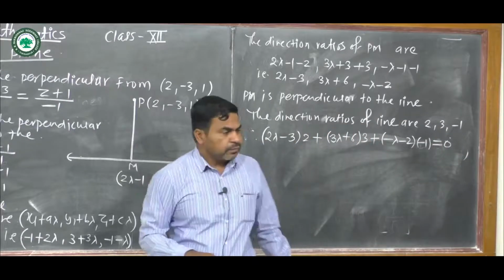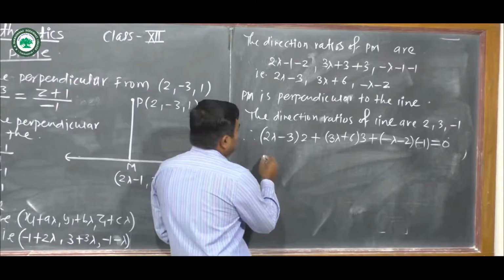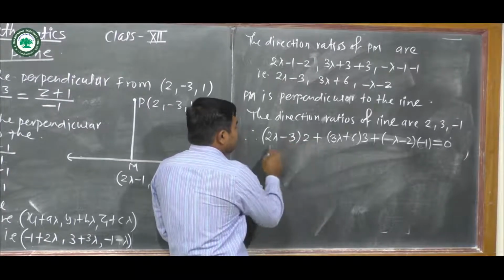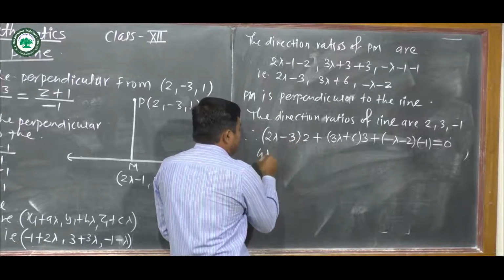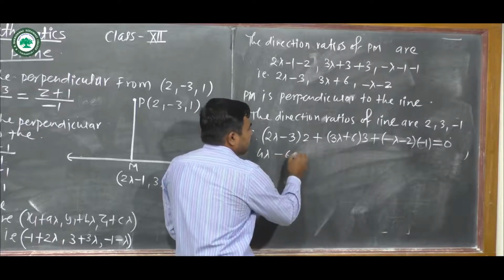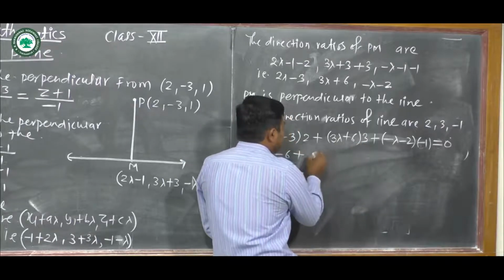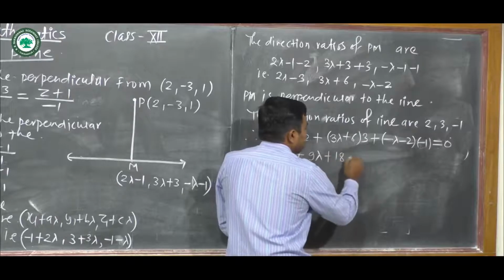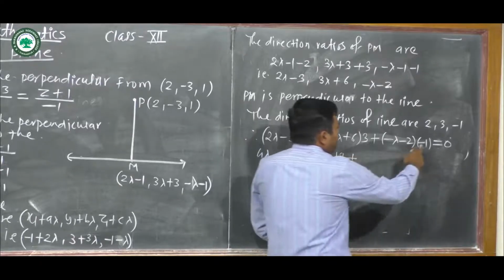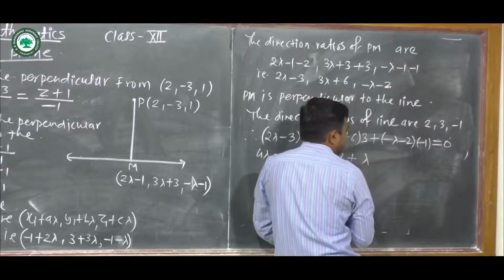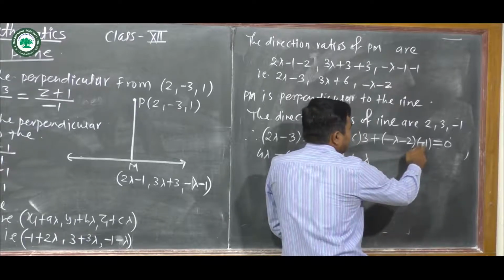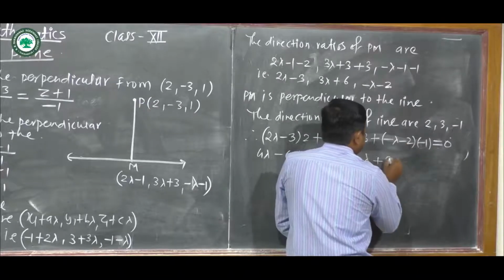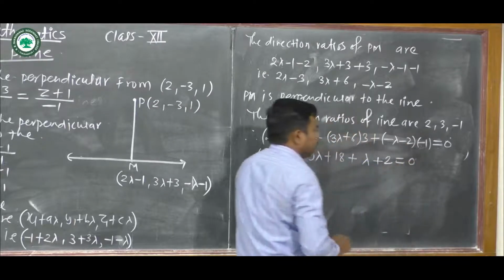So take the multiplication. 2 into 2 lambda, 4 lambda minus 6 plus 3 into 3 lambda, 9 lambda plus 3 into 6, 18 plus minus 1 into minus lambda, plus lambda, and minus 1 into minus 2, plus 2 is equal to 0.